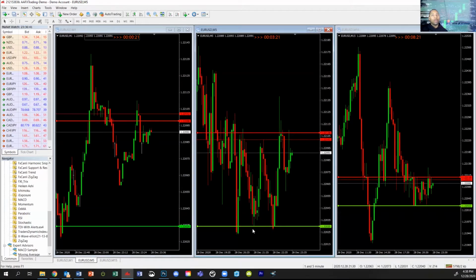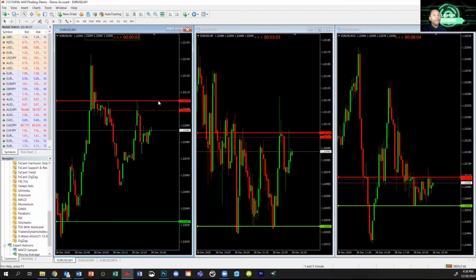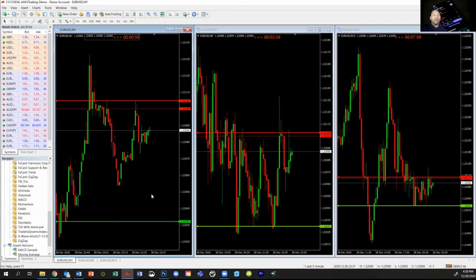It helps me hone in and really get it nice and tight. 22,110. There we go. Now I have my areas of support and resistance pretty much mapped out.